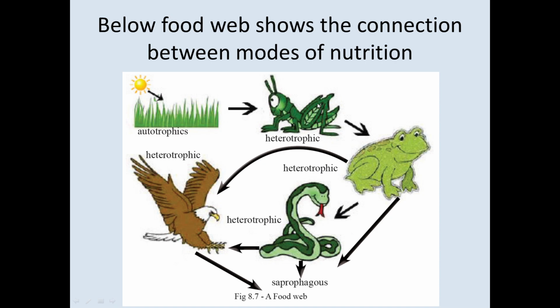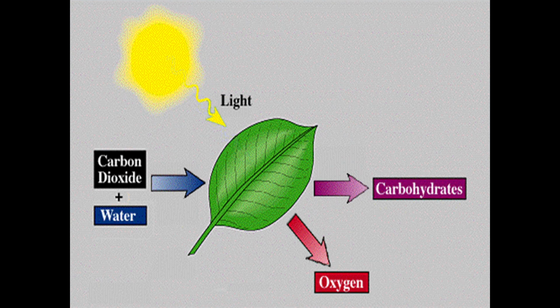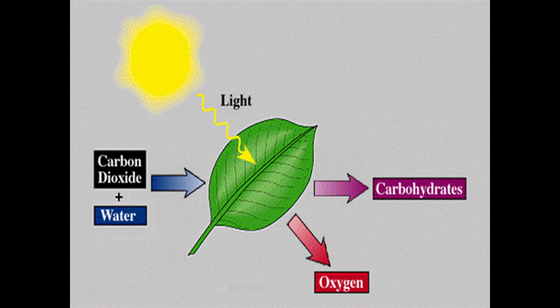Then the herbivores or the primary consumers depend on autotrophs, and they get the energy. That energy flows to the secondary level of consumers, then the tertiary level and quaternary level, and so on. Energy flows through the food web.